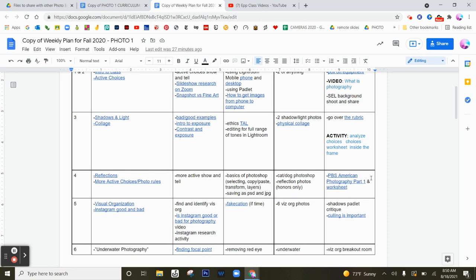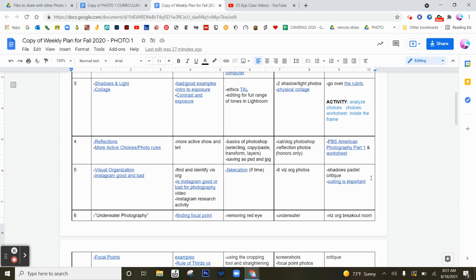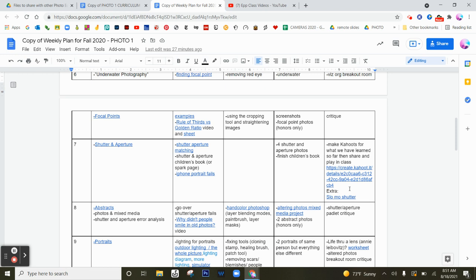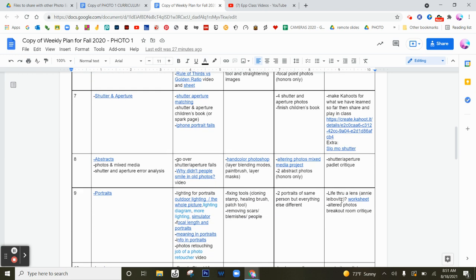We'll look at things like, what's the difference between fine art photographs and snapshots, or doing some critiquing, talking about culling and editing and picking which photos are the best ones to use, going over some of the concepts. They make Cahoots, that kind of stuff.